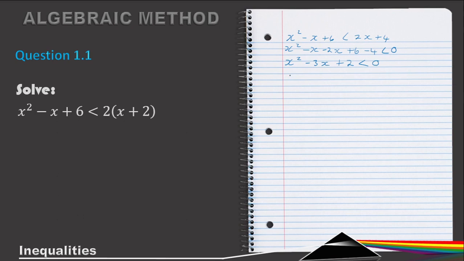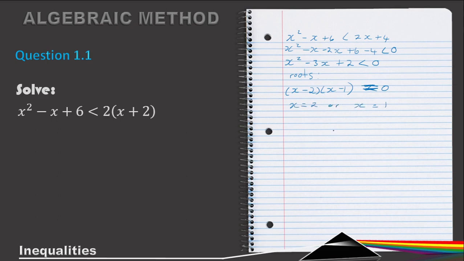Okay, and once again we need to find the roots. That's also basically standard in both. We're solving for this equal to 0, so let's just factorize that. It would be x minus 2 and x minus 1, equal to 0, because we're finding the roots. And then x is equal to 2 or x is equal to 1.